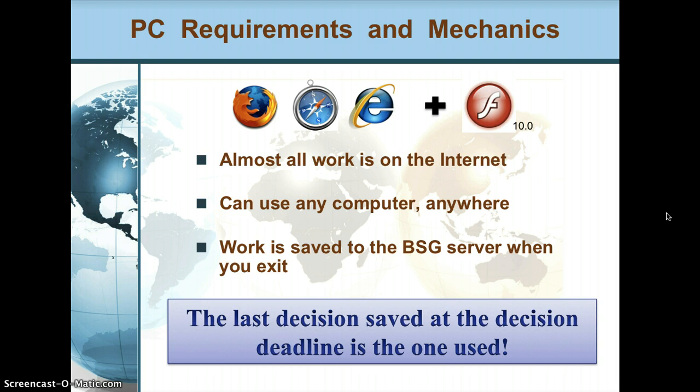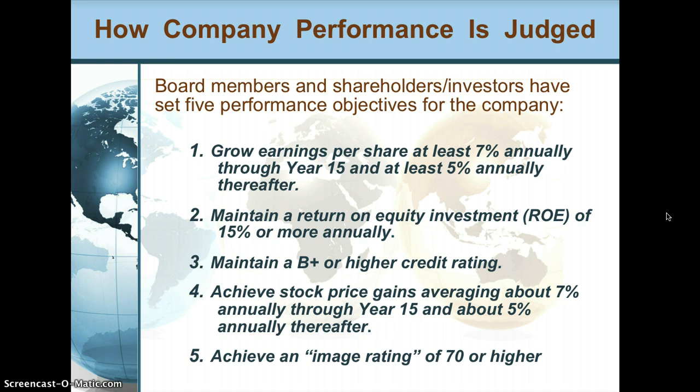The last decisions saved to the BSG server at the time of the decision deadline are the ones used to generate results. How will you be judged? Well, your board members, shareholders, and investors have a set of 5 performance objectives for the company, and you can see them listed there.